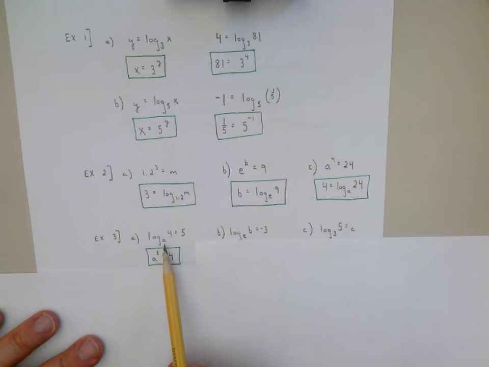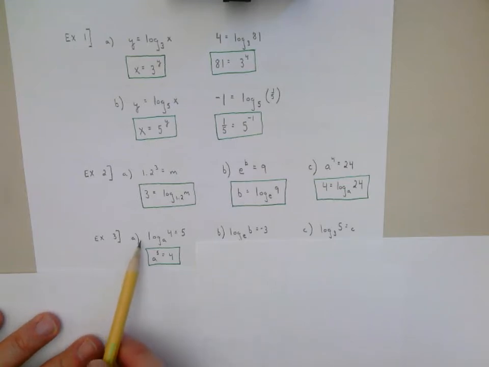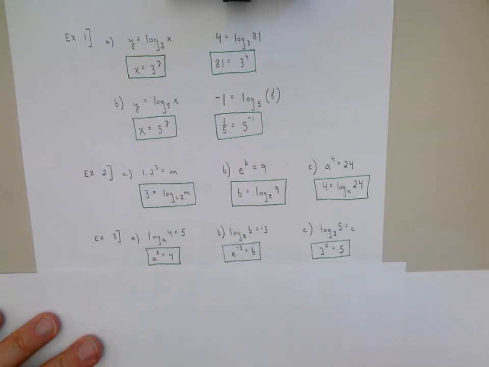Our base is a, and remember that a logarithm is equal to a specific exponent, in this case 5. What that tells us is 5 is the exponent that you would put on the base a to make the power equal 4. According to the definition of logarithms, if this first equation is true, this second equation is true. You can check your answers for B and C using similar knowledge.